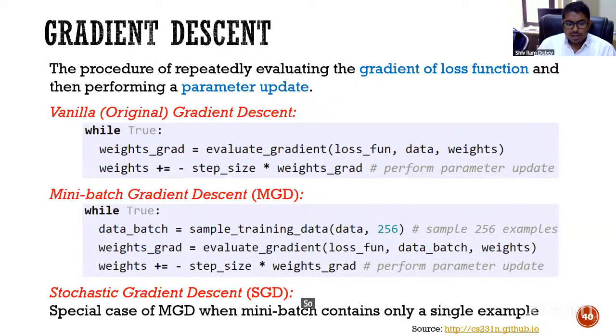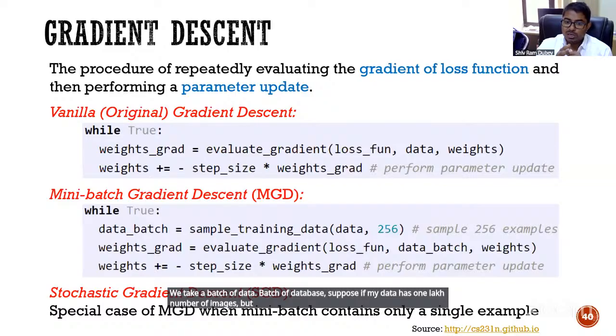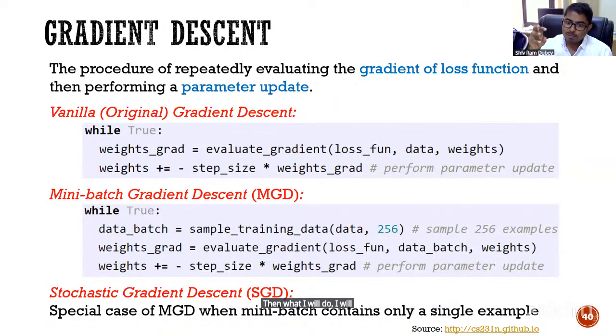So in practice, we use mini batch gradient descent, where we take a batch of data. Suppose my data has 1 lakh images, but computationally we cannot process them all at once. For example, whatever machine I have, I cannot process more than 256 images at one time. Then I will take 256 as my batch size.